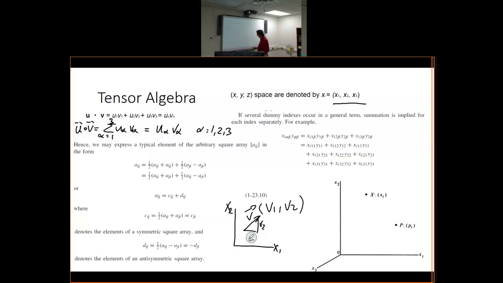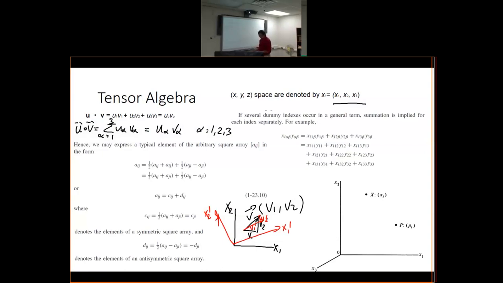And if I take another pen and make a different orientation, then I can describe the same vector using two different components, which are v1 prime, v2 prime, in the x1 prime, x2 prime coordinate system.